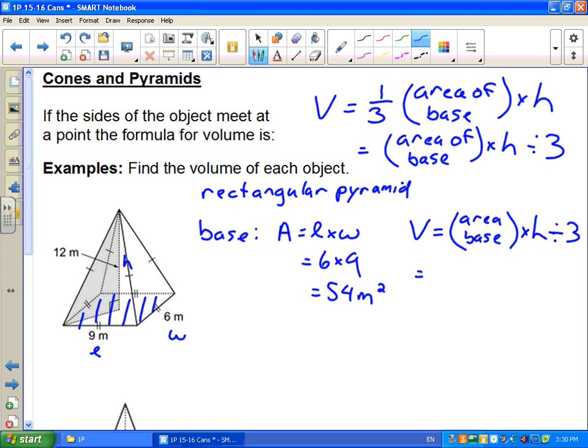So if the area of the base is 54, the height of the pyramid is vertically up the center there, so that's times 12. We divide that by 3, and we just put this into our calculator, and we get 216 meters cubed for our volume.